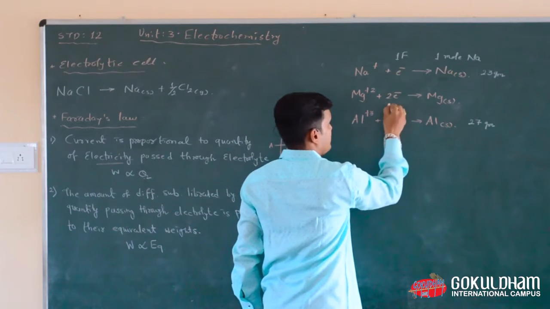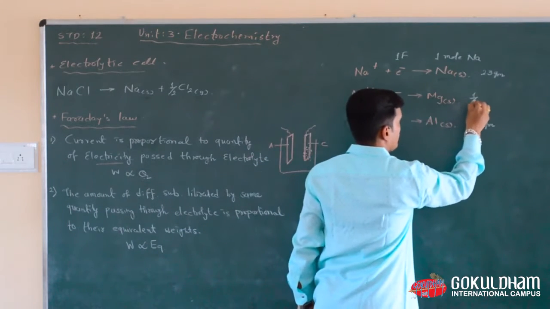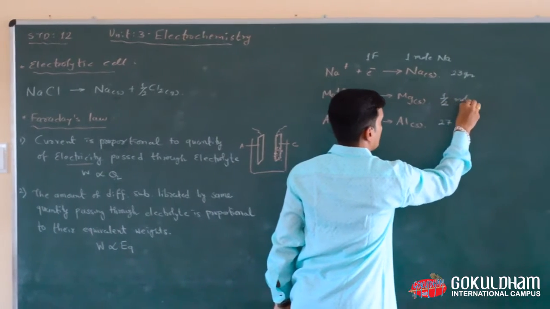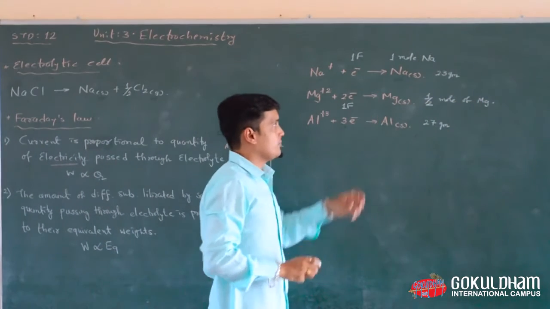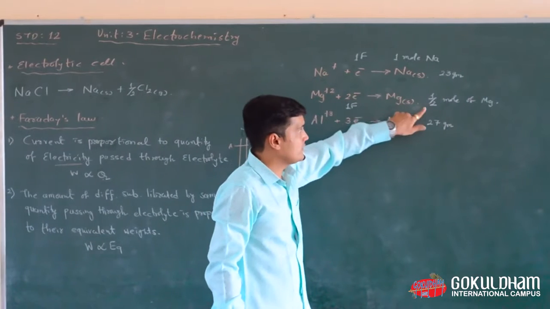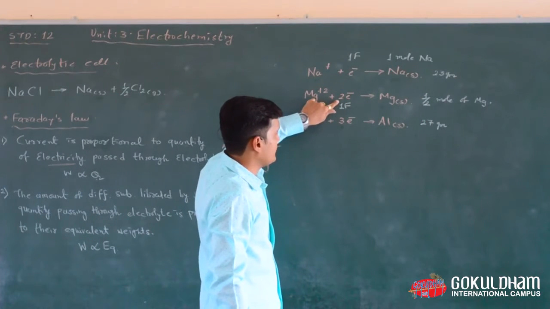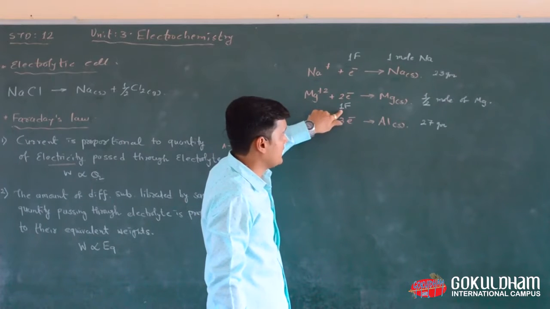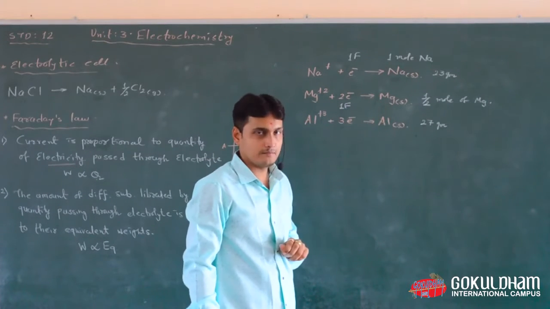If we apply 1 Faraday, then you will get 1/2 mole of Mg, because the atomic weight is divided by 2. So 2 electrons means you have to apply 2 Faraday to get 1 mole of Mg.